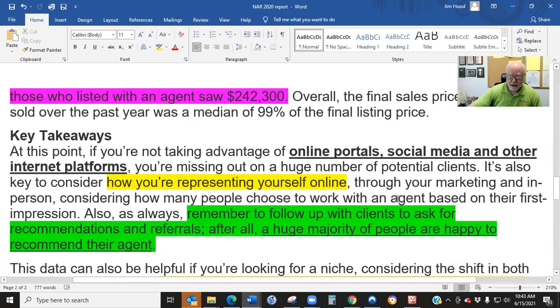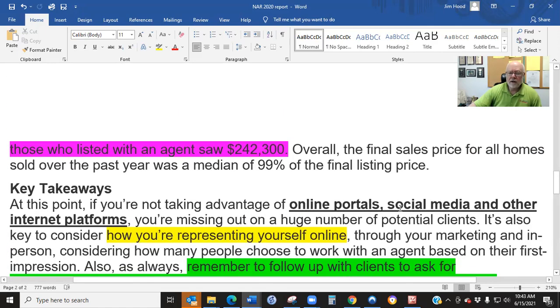So, key takeaways. Talking about the number of agents typically interviewed, 77% went with the first agent they talked with. Online portals, social media, and other internet platforms are becoming very important, more so as time goes by, and how you're representing yourself online. The key thought is, what are buyers looking for?